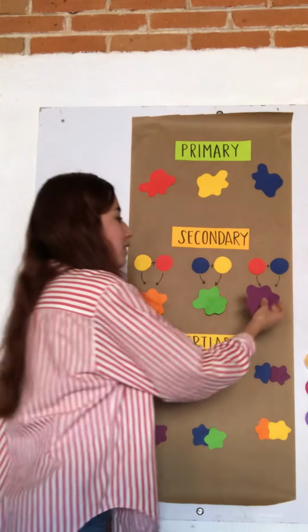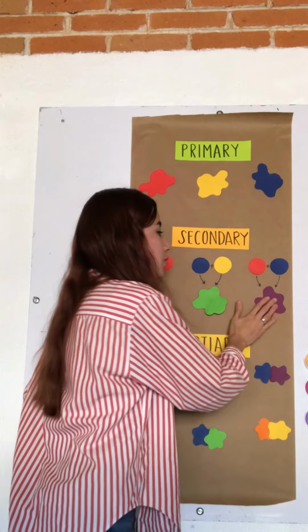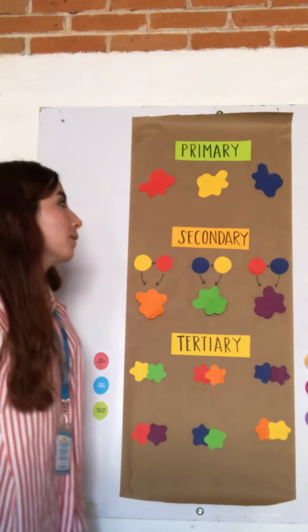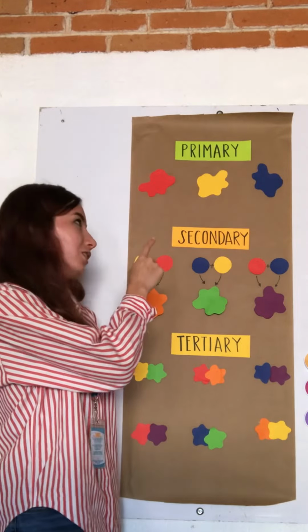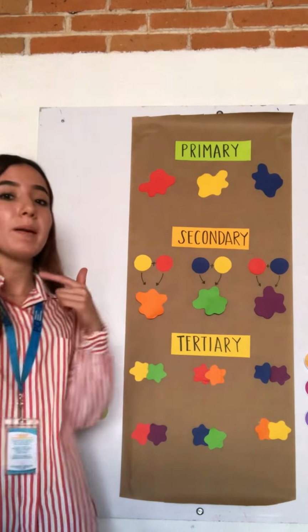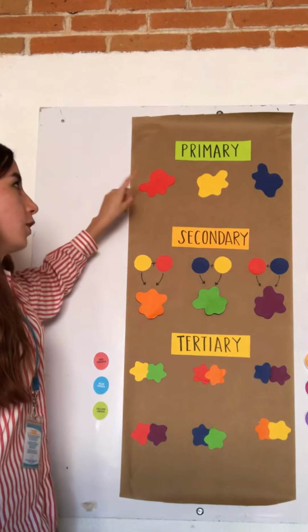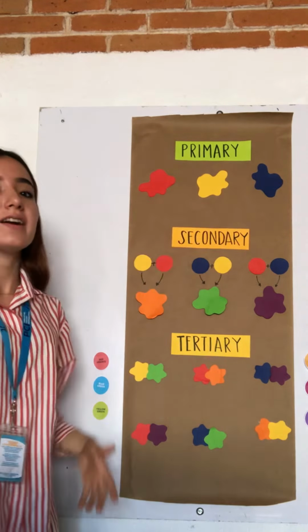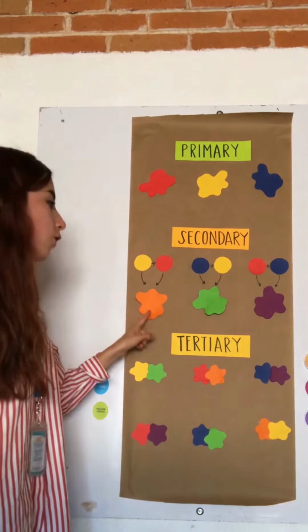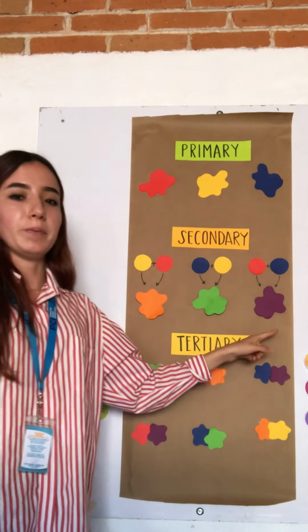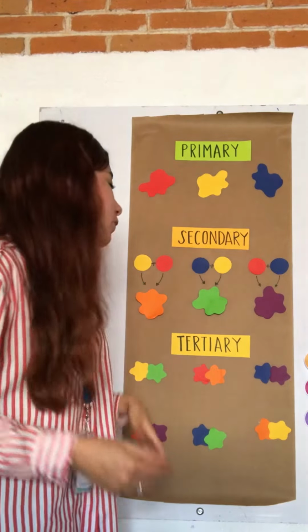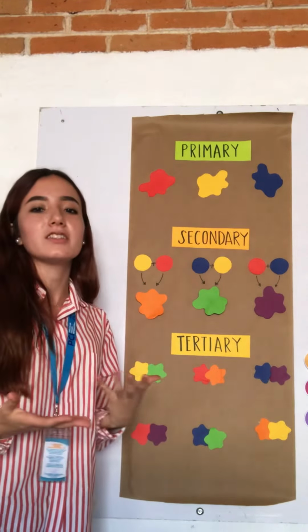Purple is the third secondary color. So these are going to be the three colors that we are going to obtain by mixing the primary colors. So just to remember, the primary colors are red, yellow, and blue. And what are the secondary colors? Orange, green, and purple. Okay, so now that we know this, we are going to understand what are the tertiary colors.